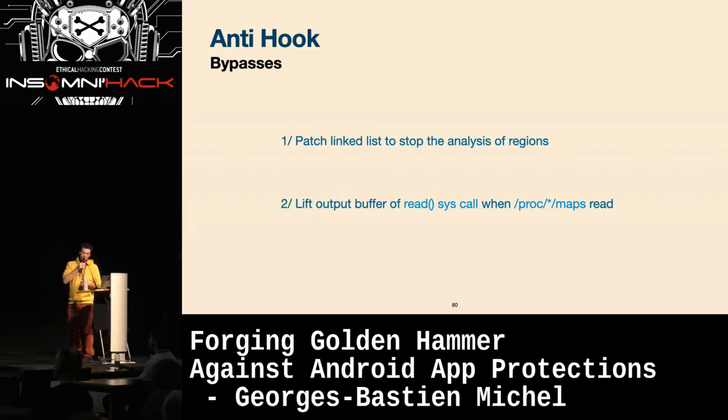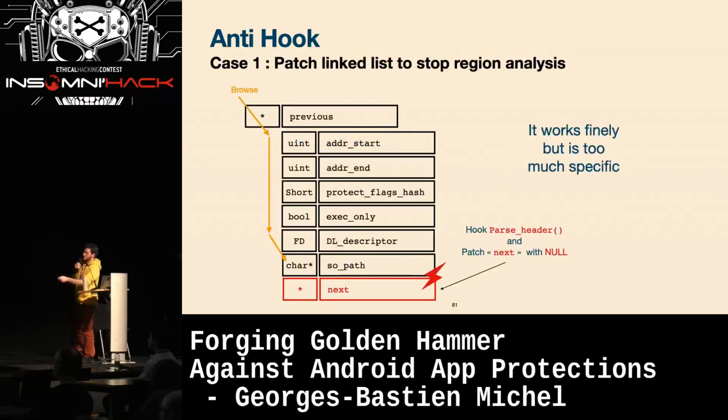You could patch the linked list in order to stop the analysis, or we could filter the output of the read of proc self maps in order to hide Frida.